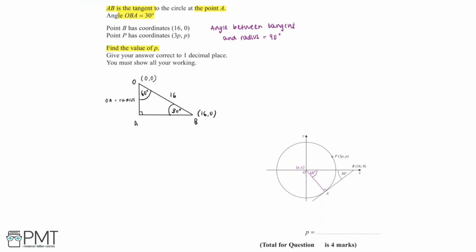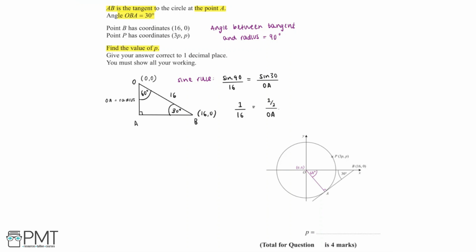Now the radius is the line OA, and we're trying to find the radius, and so we can use the sine rule in order to find the length of line OA. Now using the sine rule, we can say that sin 90 over 16 is equal to sin 30 over OA. Now we can simplify this because we know that sin 90 is equal to 1 and sin 30 is equal to 1/2.